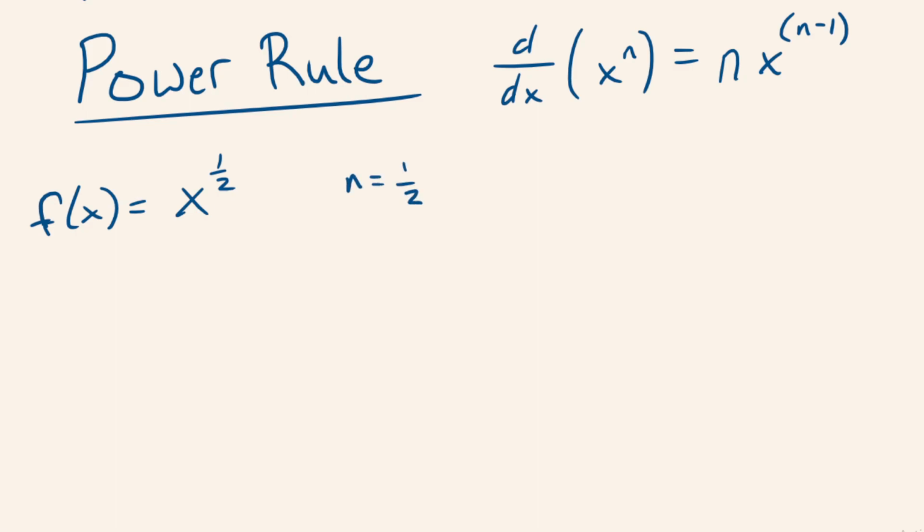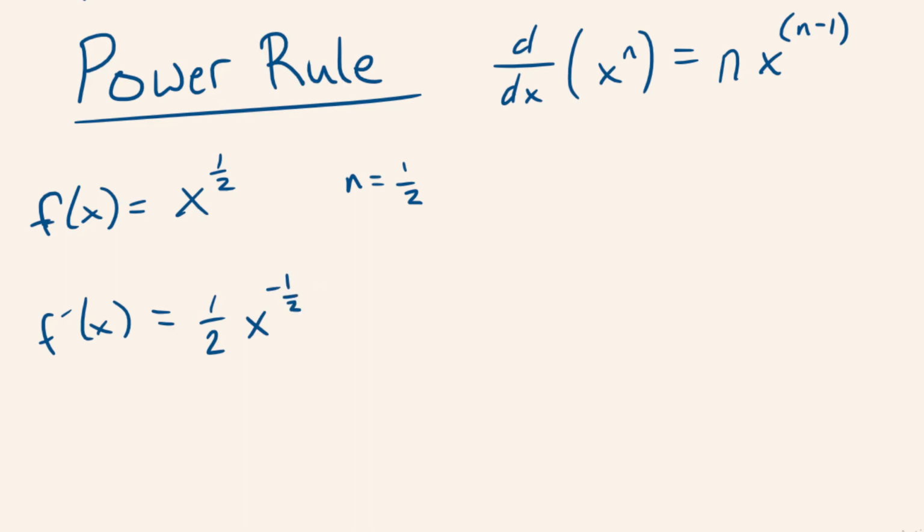N equals 1/2. F prime of x is going to be n, which is 1/2, times x to the power of 1/2 minus 1. So we will rewrite 1 as 2 over 2 to have common denominators. 1 minus 2 is going to be negative 1, which then comes out to negative 1/2.